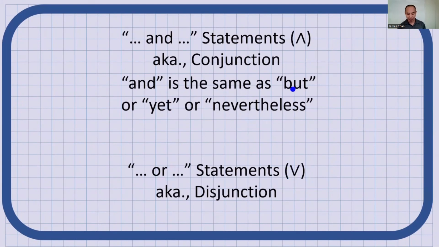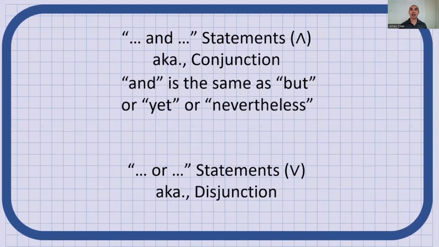And can also be replaced by but, yet, nevertheless. And as you're doing more and more problems, you're going to see these words popping up more and more. But with or is only the or, and that's it. Okay?